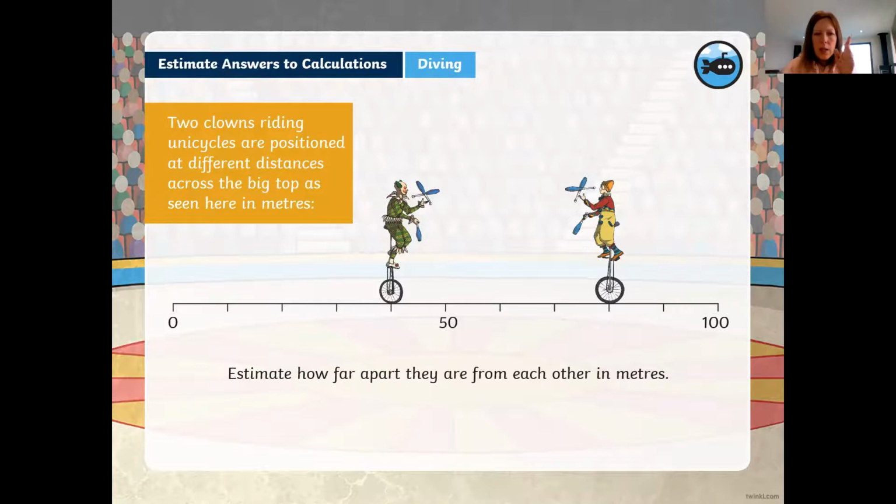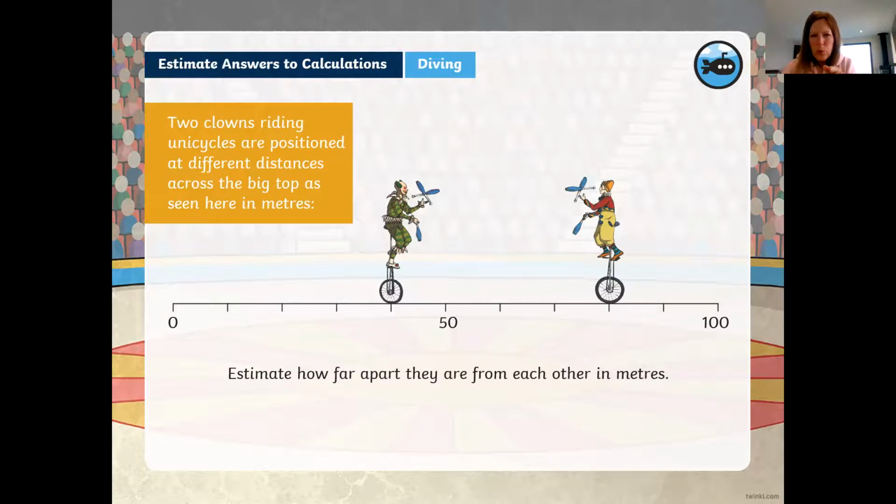We can see that the clown on the left-hand side in the green on his unicycle is just before that 50 marker there. Look at that measuring distance we've got. We're going from 0 to 100, and 50 is in the middle. What do we think each of those little lines is going to be worth as we go along?